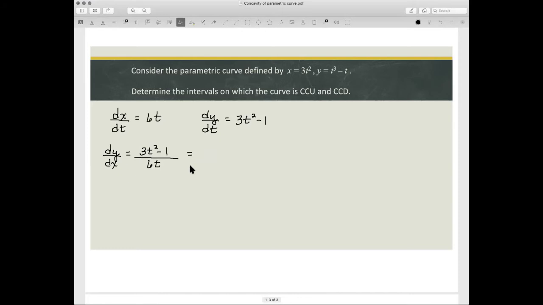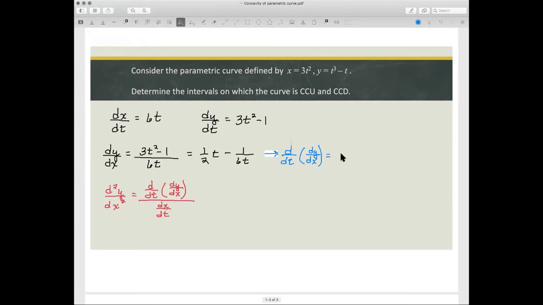Now I'm going to simplify this as 3t squared over 6t, so that gives me 1/2 t, and then 1 over 6t. Just thinking it might be easier to take that derivative. So to find the second derivative, if you recall what that formula is, we'll need to find the derivative with respect to t of dy/dx.